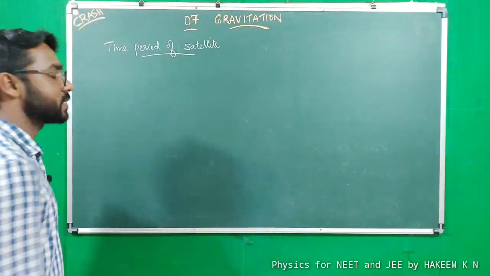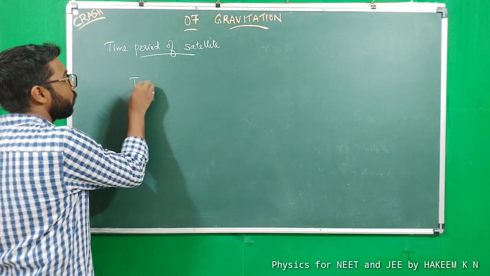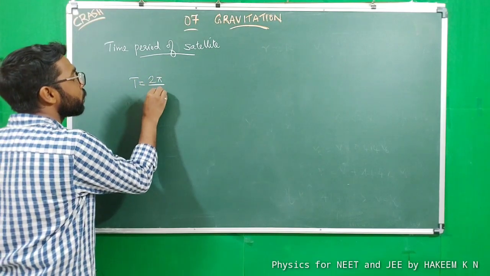Time period of satellite. Time period equals 2 pi by omega.